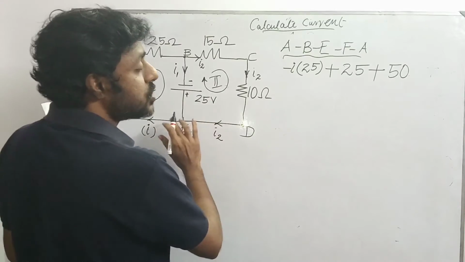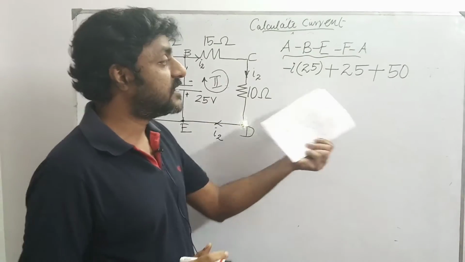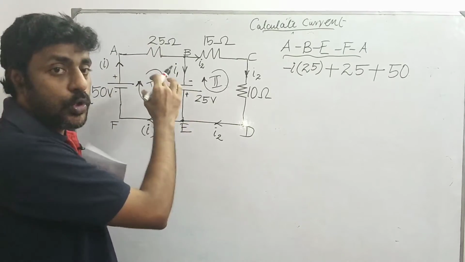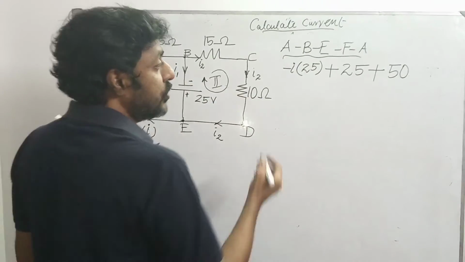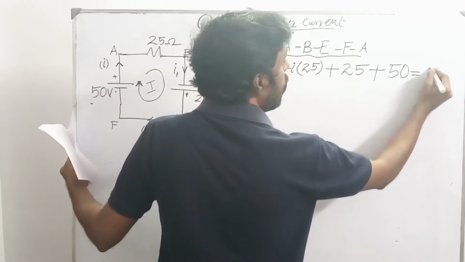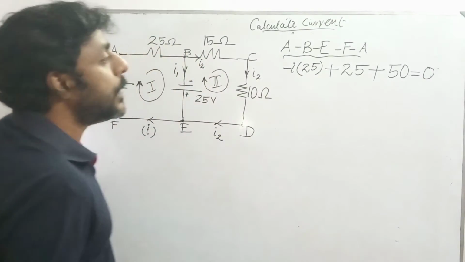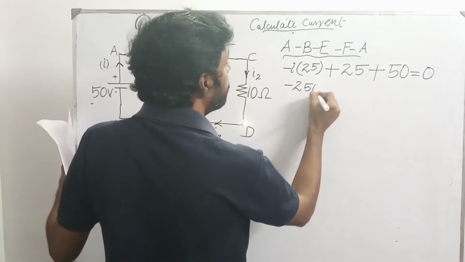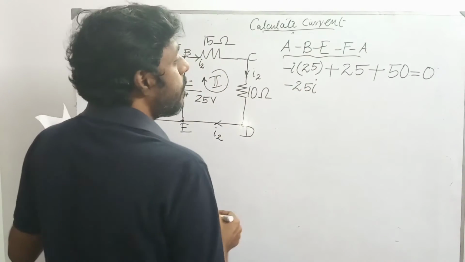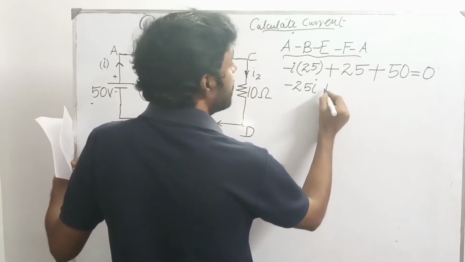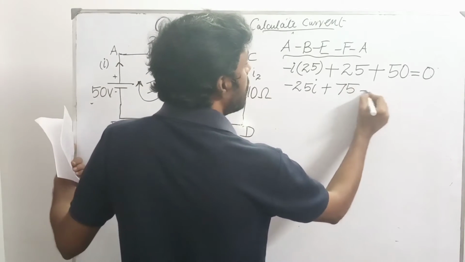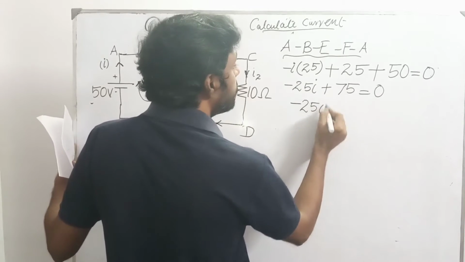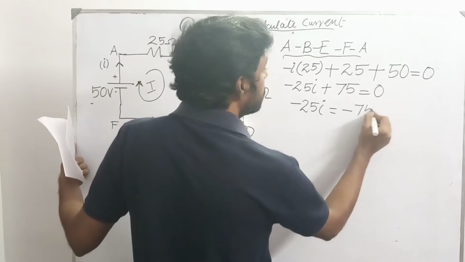Kirchhoff's voltage law states that the sum of the individual voltage drops in a closed loop will be equated to 0. So if I equate it to 0, minus 25I plus 50 plus 25, which is 75, is equal to 0. Minus 25I is equal to minus 75.